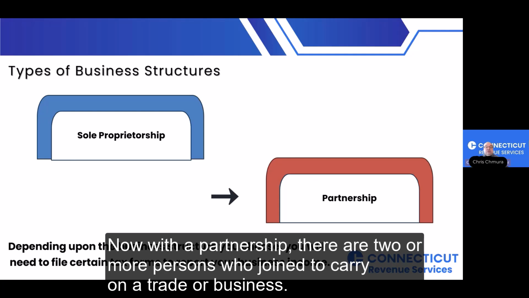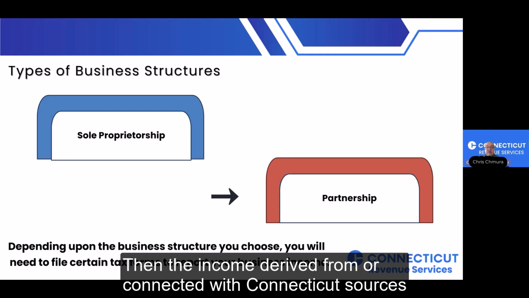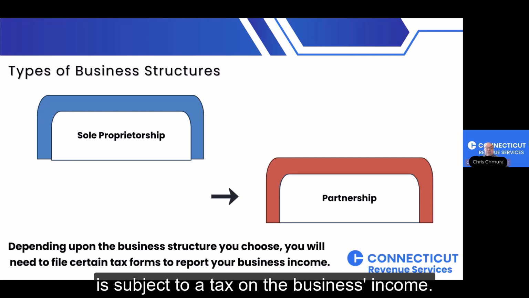Now, with a partnership, there are two or more persons who join to carry on a trade or business. Then the income derived from or connected with Connecticut sources is subject to a tax on the business income.